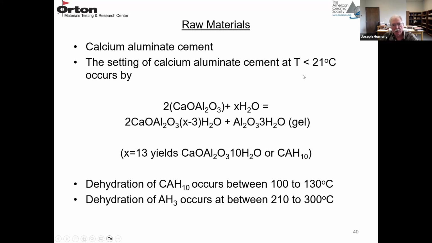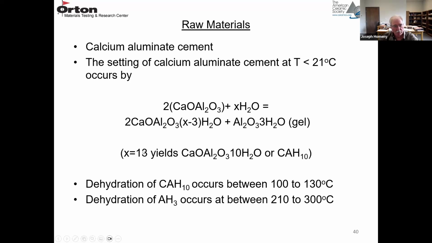And then the other possibility, if you're in the middle of winter somewhere and you have no heat in a plant, the temperature is going to be less than 21 degrees C. And this is the reaction. This is Ca again plus XH2O. And this is your reaction product, 2CaO Al2O3 X minus 3 H2O plus your hydrated aluminum gel again.